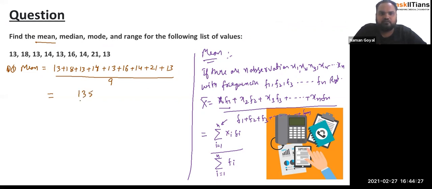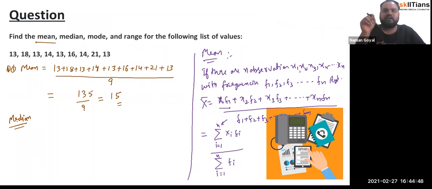It will be 135 by 9. If you divide this quantity by 9, how much do you get? 15, I think. So the mean of this data is 15.